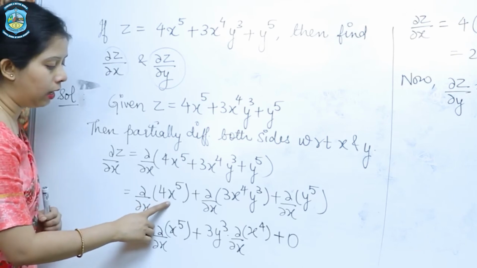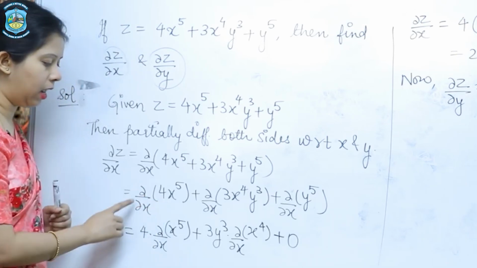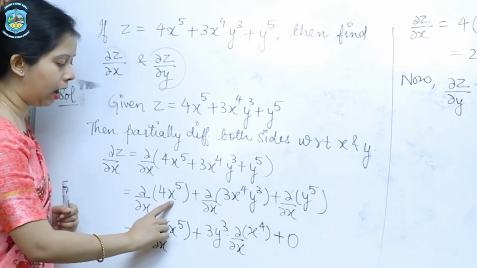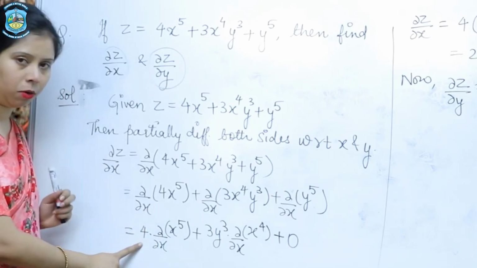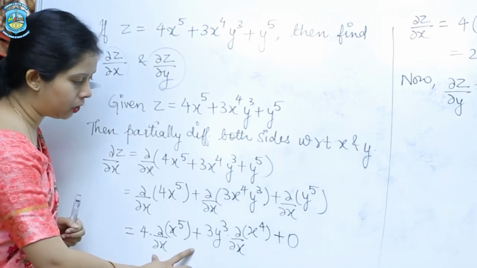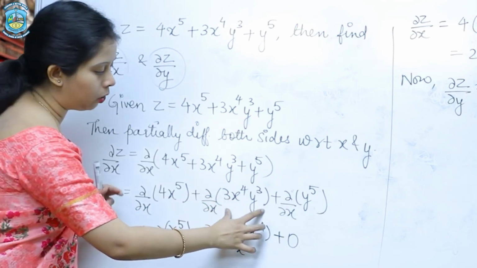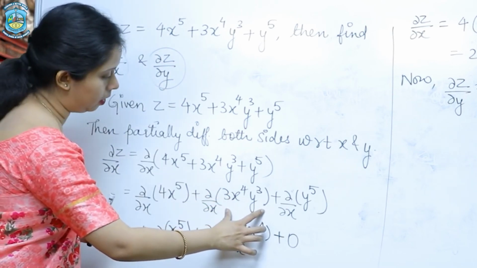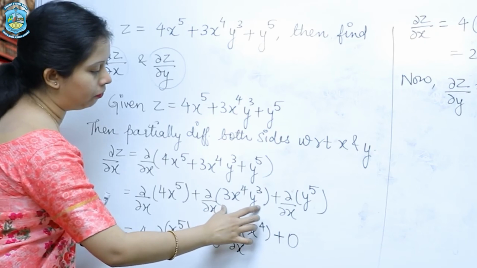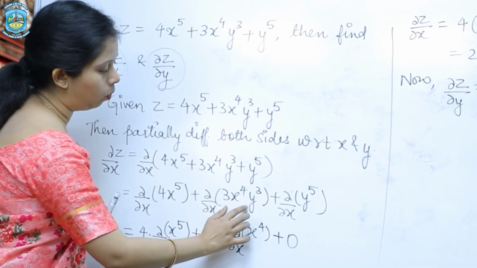Now, again using the rule that the derivative of the product of a constant and a function is equal to the product of the constant and the derivative of the function. Similarly, we are using the same rule over the second term, that is del upon del x of 3x raised to the power 4 y cube.